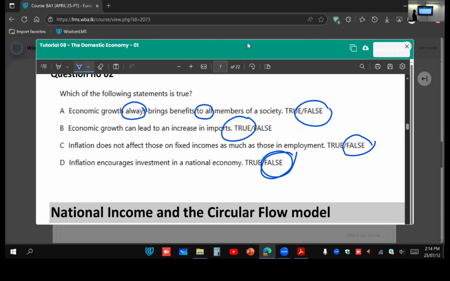So B, it's true. Economic growth can lead to an increase in imports. Consumers choose to spend their income on foreign rather than domestically produced goods.